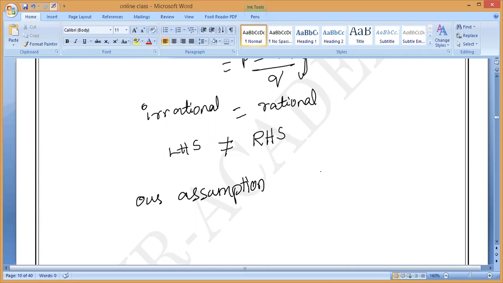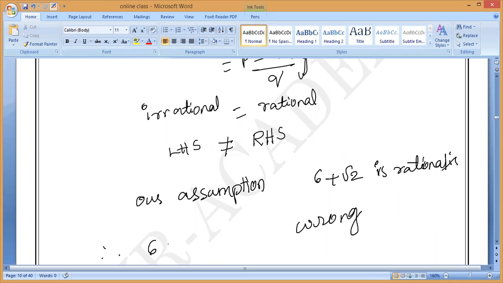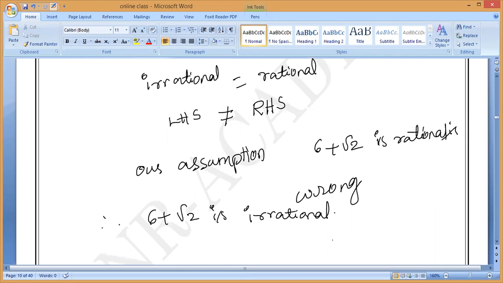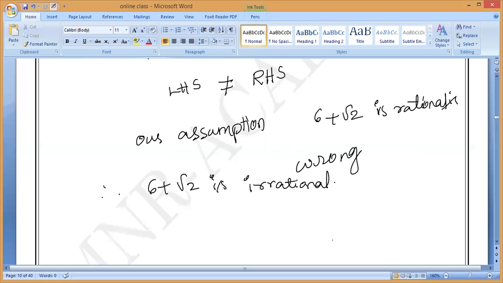Our assumption that 6 plus root 2 is rational is wrong. Therefore 6 plus root 2 is irrational. Hence proved. Here you can consider the LHS, and you should solve root 2 is irrational.